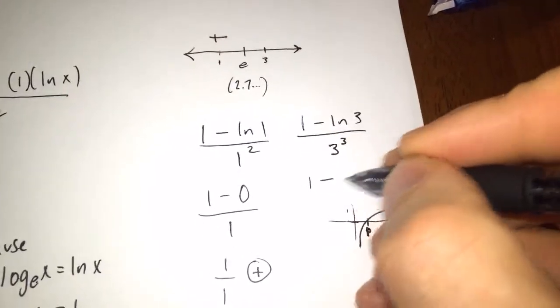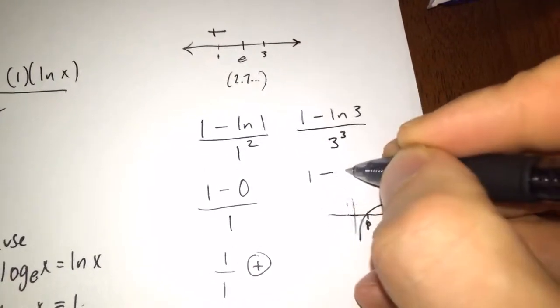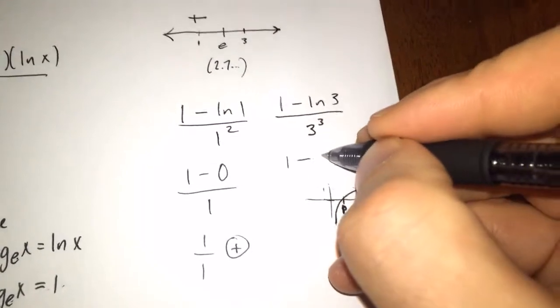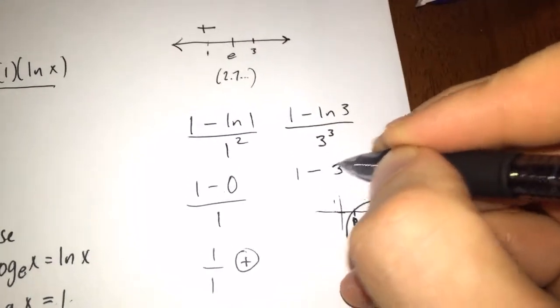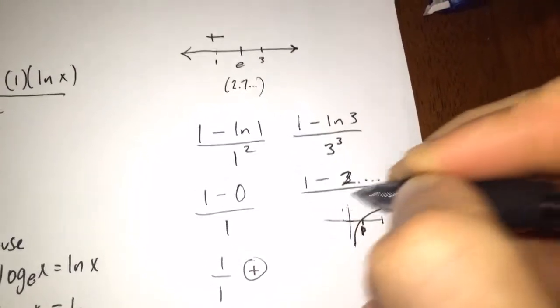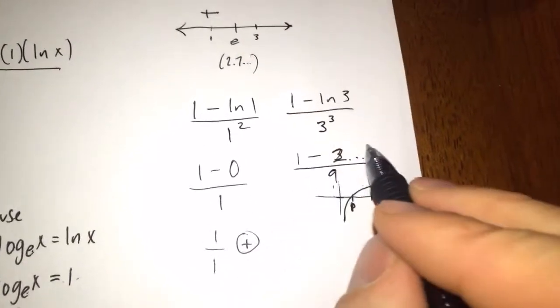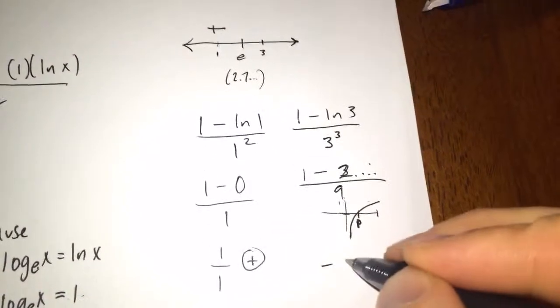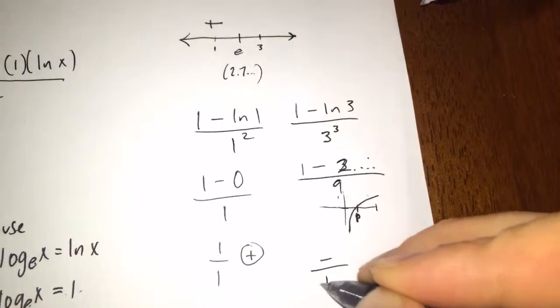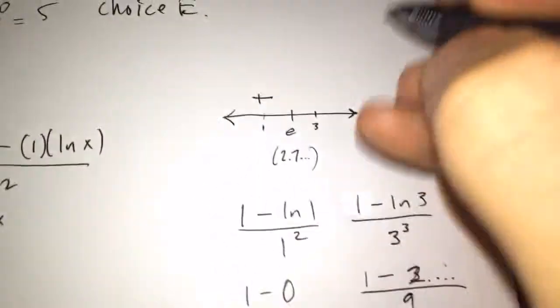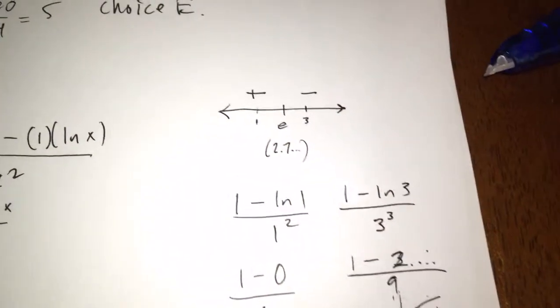So it's something larger than 1, like 2 point something, and over 9. Regardless, 1 minus that number is going to be negative, and a negative over a positive is negative. So this region is negative.